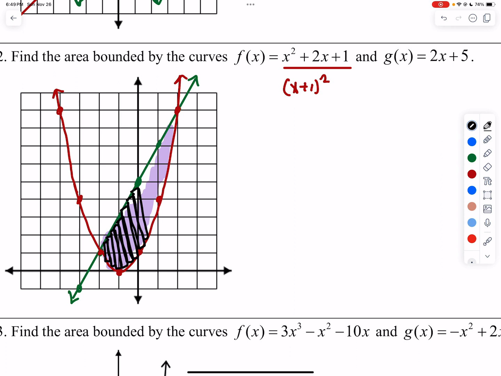So my bounds of integration are going to be -2 and +2 in terms of my x values. And then I'm looking at my top function minus my bottom function, since I want the height of each rectangle. So in this case, it's going to be g of x minus f of x. Since g of x is first, that's my linear function. That's on top.